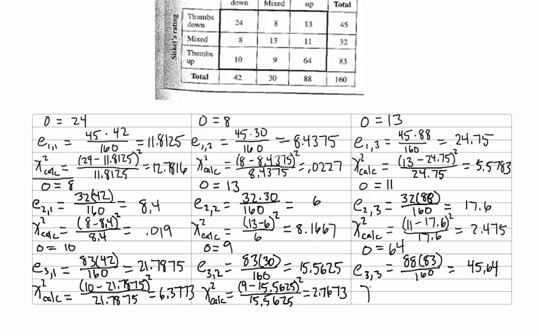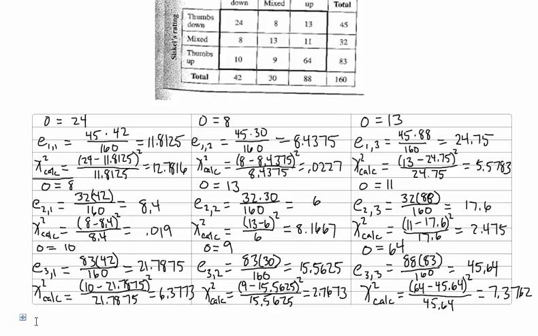And our chi-squared calc value is equal to 64 minus 45.64 squared divided by 45.64, and this is equal to 7.3762.